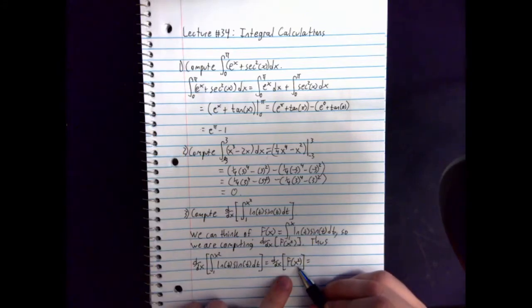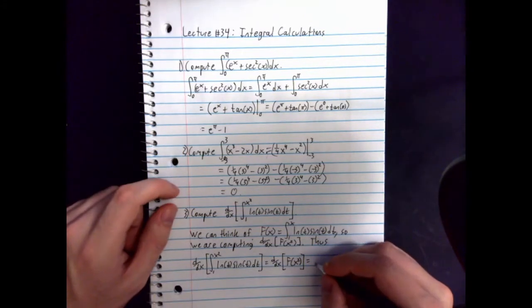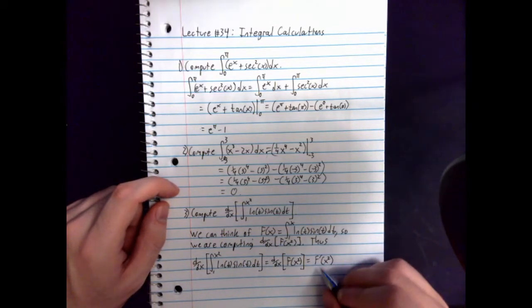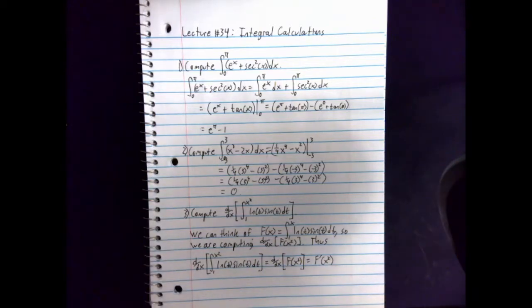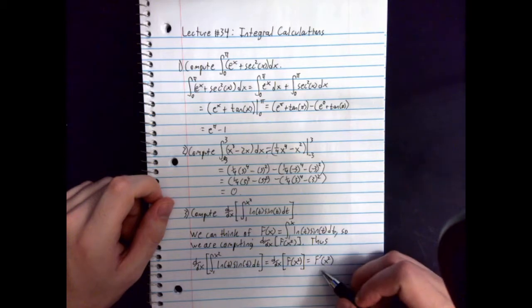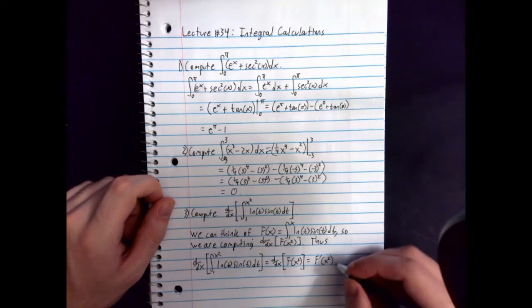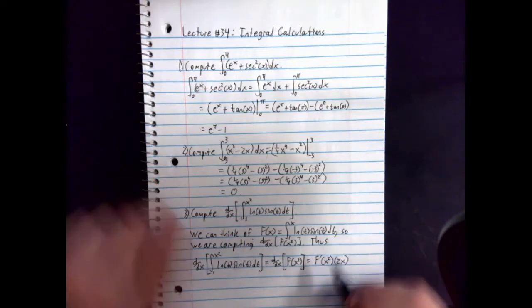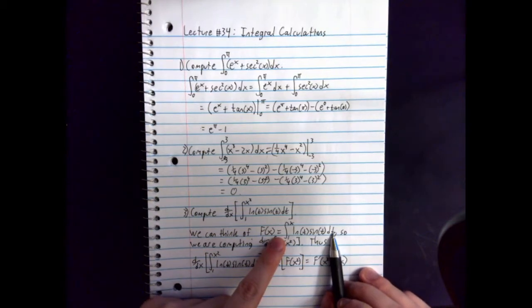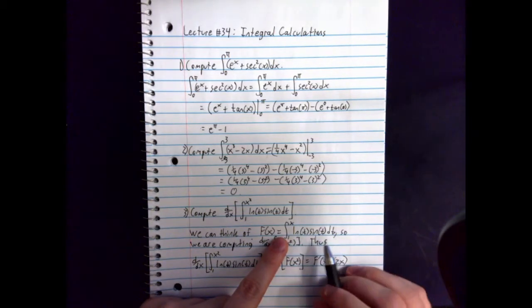And this we differentiate using the chain rule. So this is going to be f prime of x squared times the derivative of the thing we're plugging in. So remember, the chain rule says we differentiate the outside function, we plug in the inside function, and then we multiply by the derivative of the inside function. Well, f prime of x was this thing, and that we can do with the usual Fundamental Theorem of Calculus Part 2.